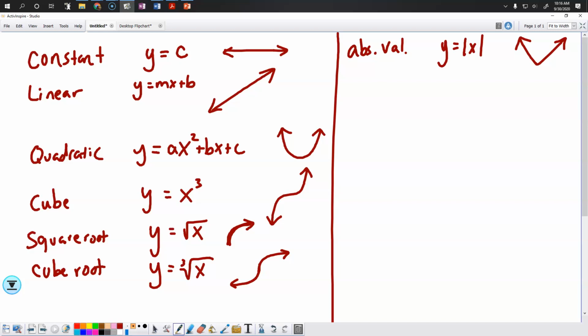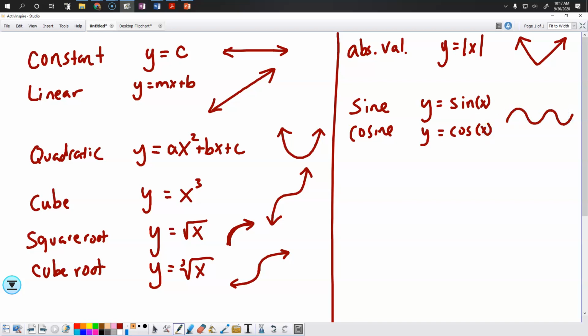What else is there? What other kinds of functions can I share with you guys? Sine functions. Haven't seen those in a while. Sine functions and cosine functions look pretty similar, so I'm just going to group them together here. They both just look like a wave.